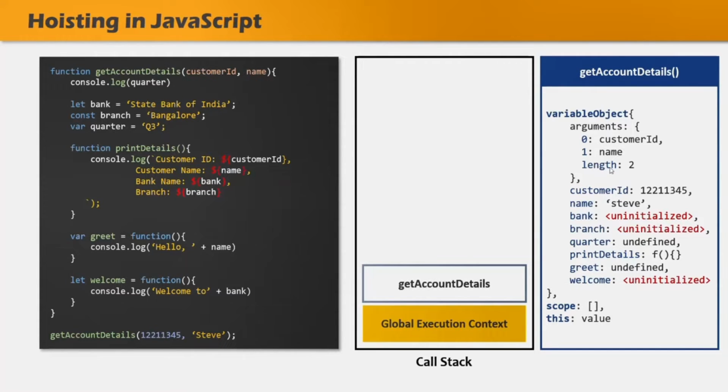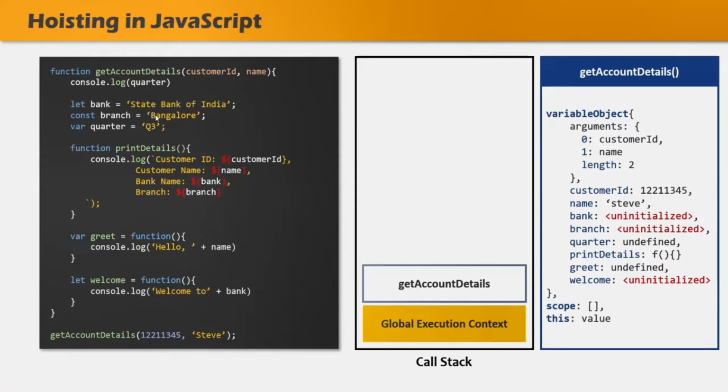We also have the length property, which specifies how many parameters that function is taking. In this example, it is 2. Then, with those parameter names, a property also gets created in the variable object, and that gets assigned with the value which we pass for those parameters while calling that function, right?